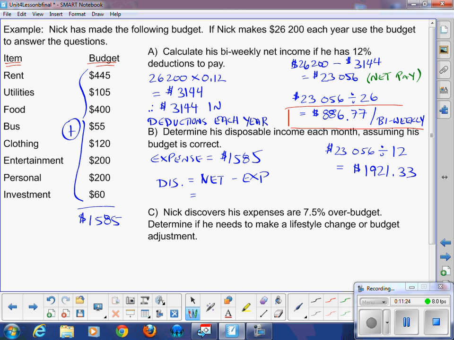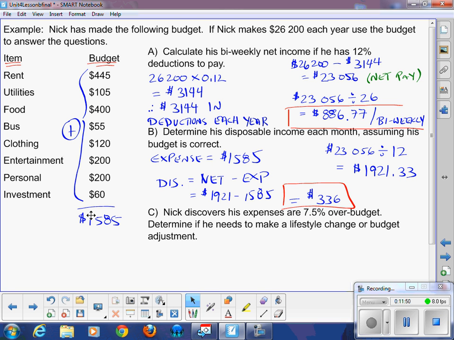So actually, when you get biweekly payments, it makes the math a little bit trickier because you have to convert back and forth. So $1,585 would mean that his disposable income would come in at $336 each month. Okay, so there's the final answer there. So that would be his disposable.